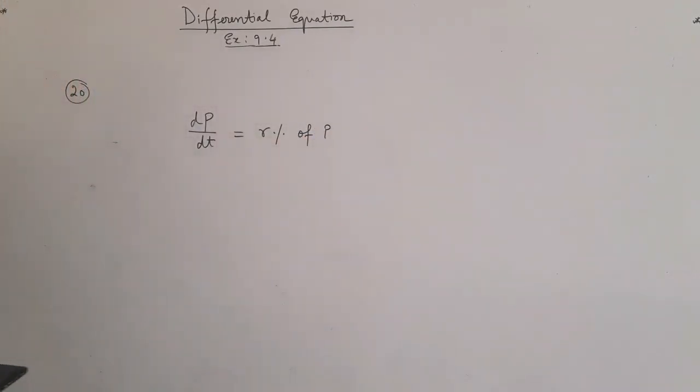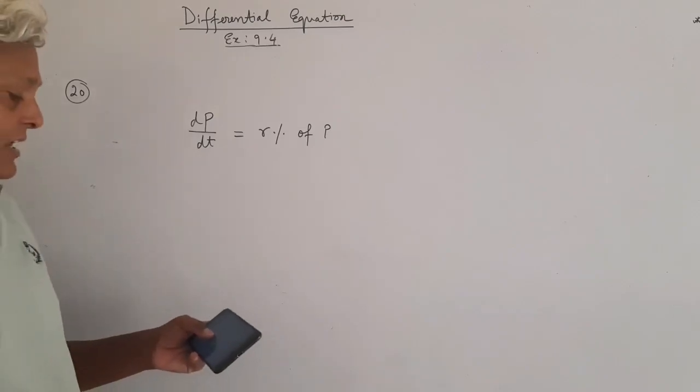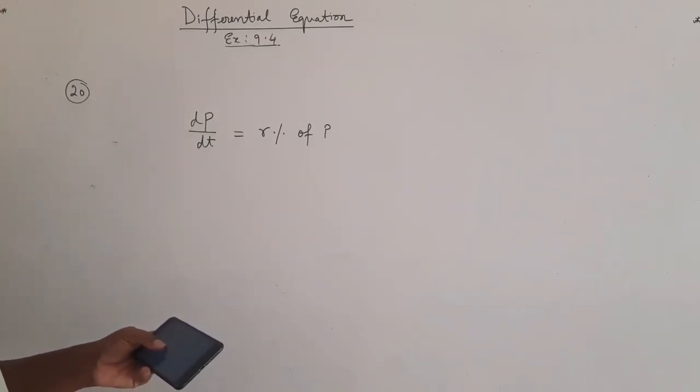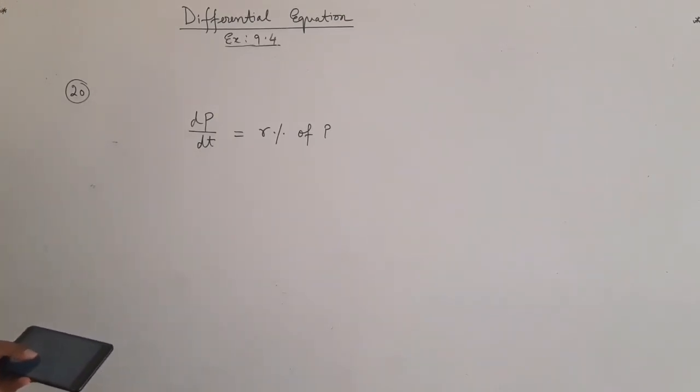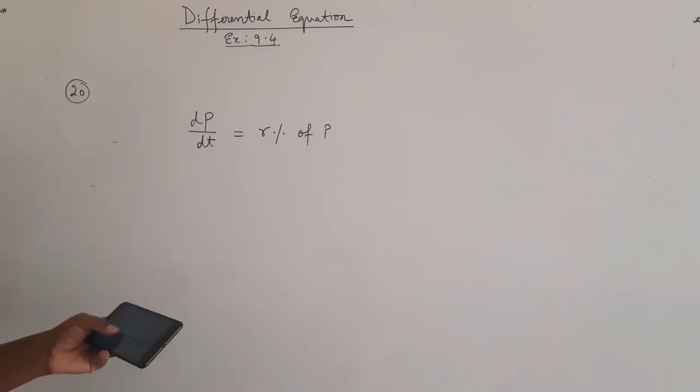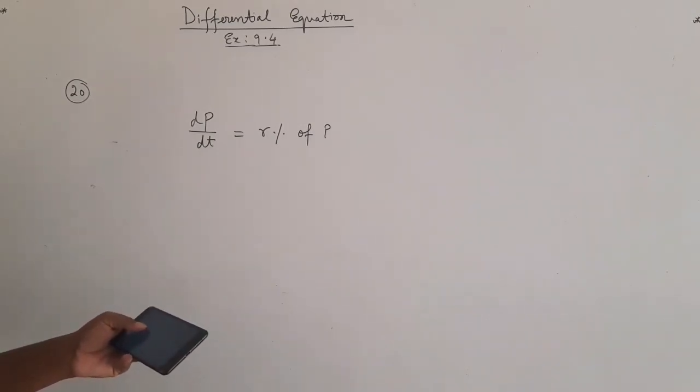So this is the idea. The question says that in a bank the principal increases continuously at the rate of 5% per year. An amount of rupees 1000 is deposited with this bank, how much will it be worth after 10 years?